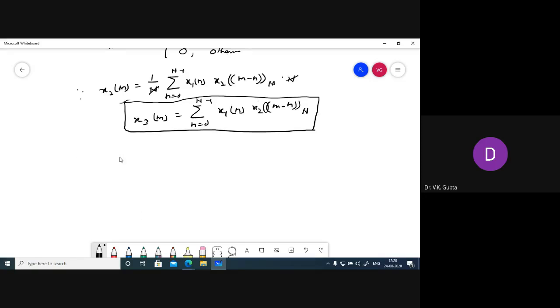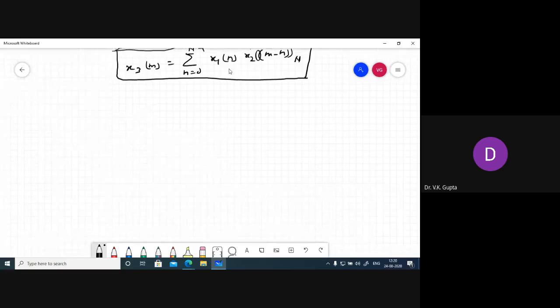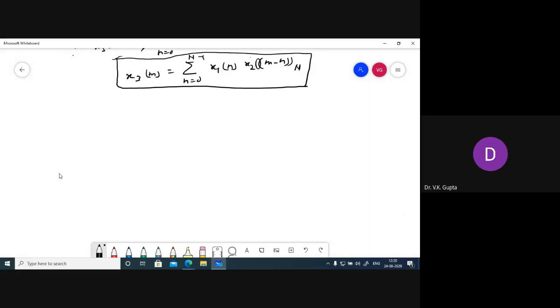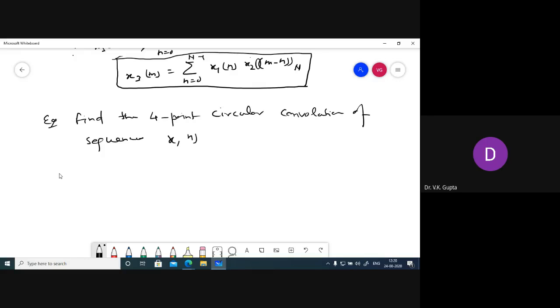Let us do one example. Find the 4-point circular convolution of the sequences x1(n) is 1 2 1 2 and x2(n) is 1 2 3 4.